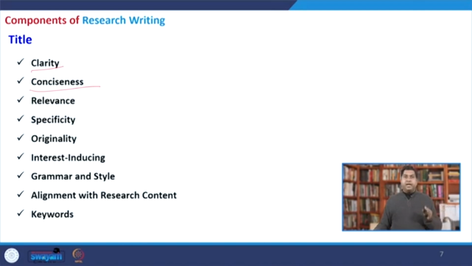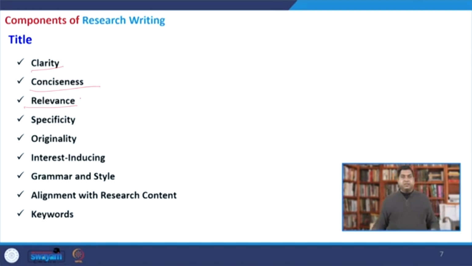First, you make a long title, try to remove unnecessary words and read it again. If there is no change in the understanding of the title, then definitely that word can be removed. Like that, with an iterative process, you can fix a proper title for your research.